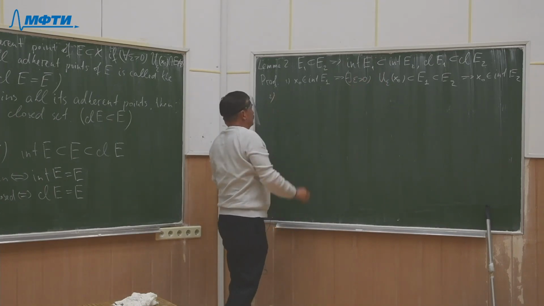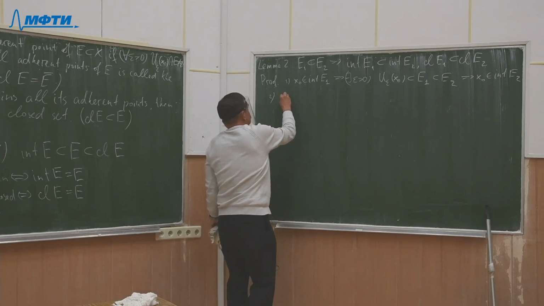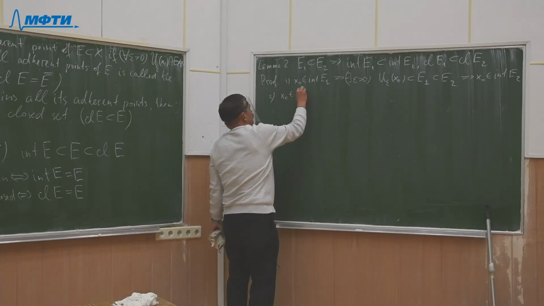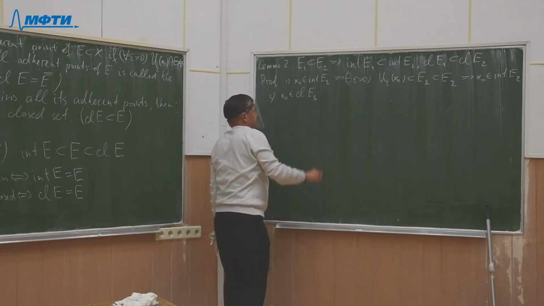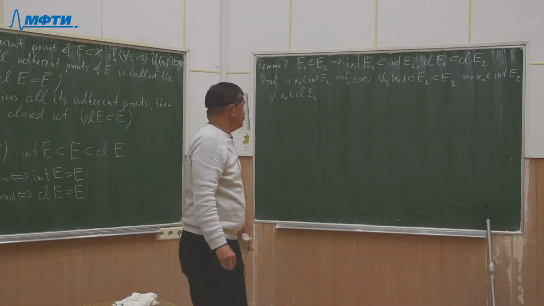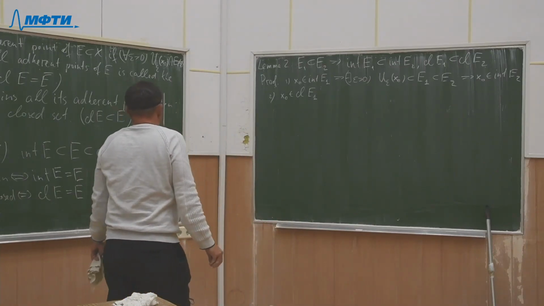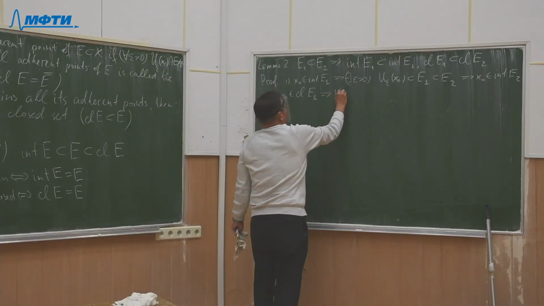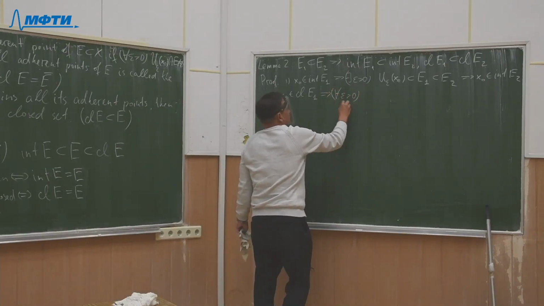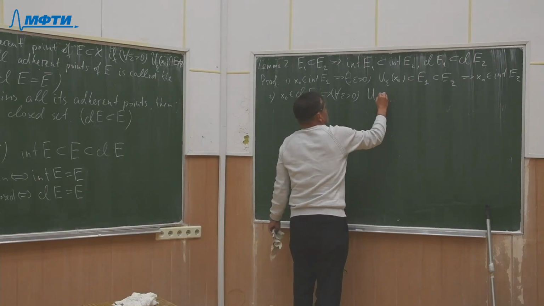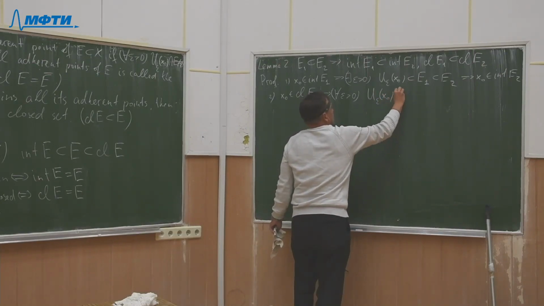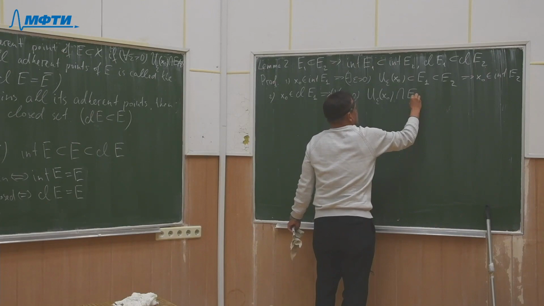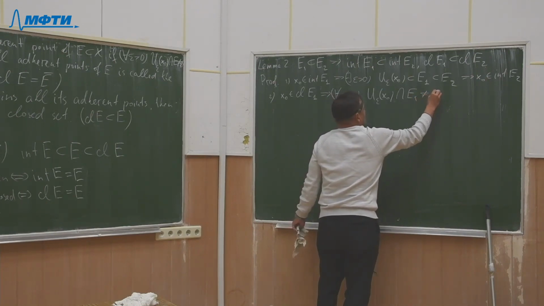And that means this inclusion. Okay, second. Suppose x naught is a point in the closure. Then what does it mean? It means that for arbitrary epsilon greater than 0, the intersection with E1 is non-empty, right?